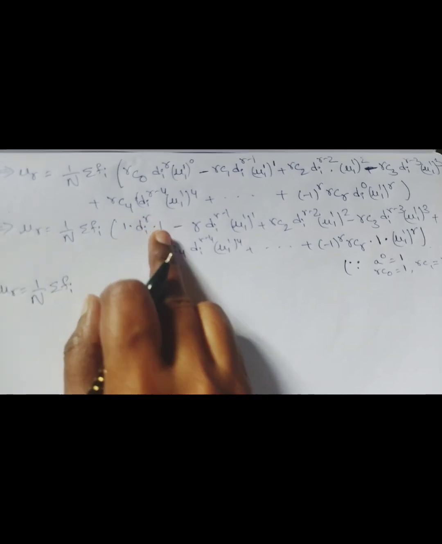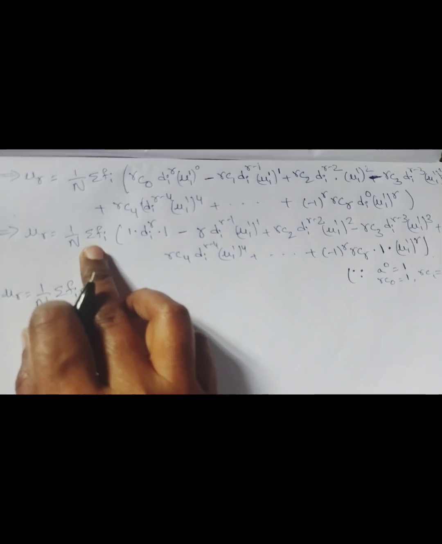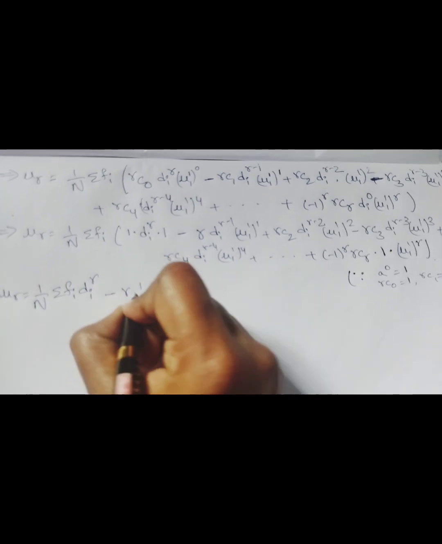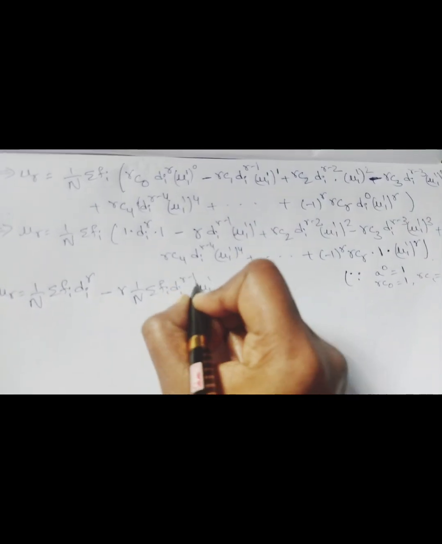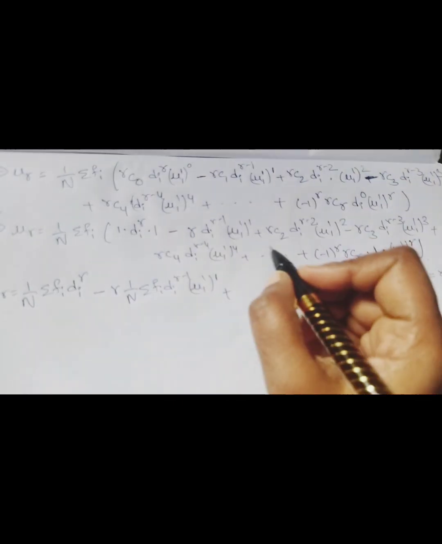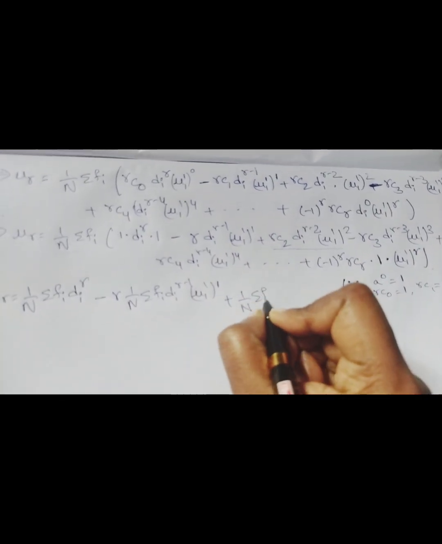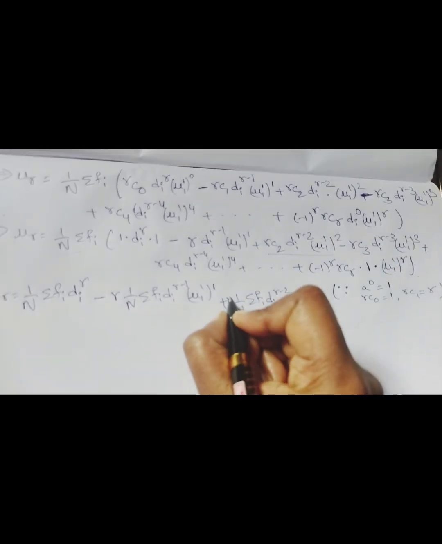So mu r equals 1 by n summation fi into 1 into di whole power r, into di, into 1 is di power r, minus r, 1 by n summation, into this whole term. So r is a constant, I'll bring it outside: r, 1 by n summation fi di power r minus 1 into mu 1 dash whole power 1, plus again rC2 and this whole term into this one. So 1 by n summation fi di power r minus 2, mu 1 dash whole square, and rC2 I am writing in front.